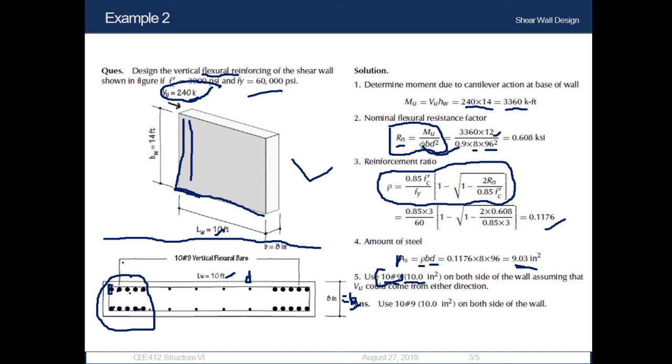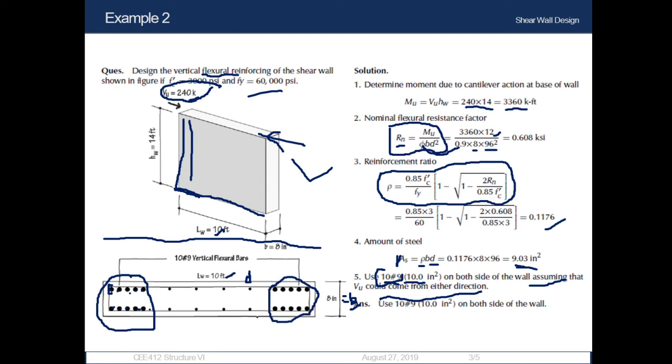So we need to label it as 10 number 9 vertical flexural bars. We are not sure whether the load is coming from this direction or from this direction. So assuming the load may come from either direction, also assuming that Vu could come from either direction, we are using the same amount of bar in this face also.